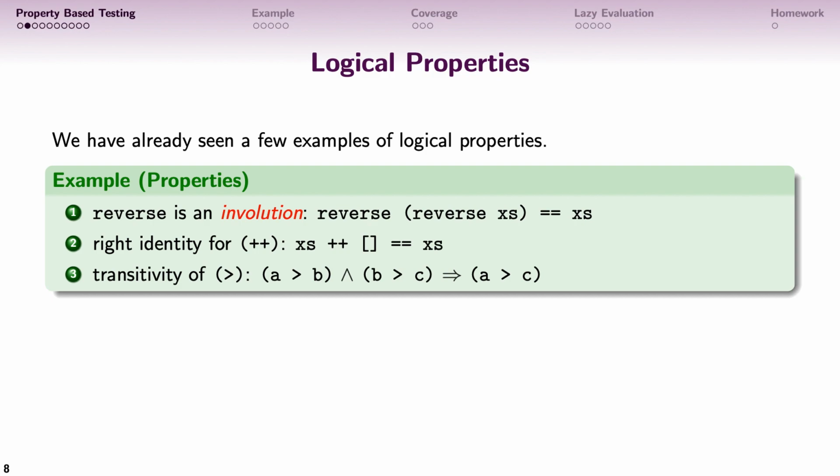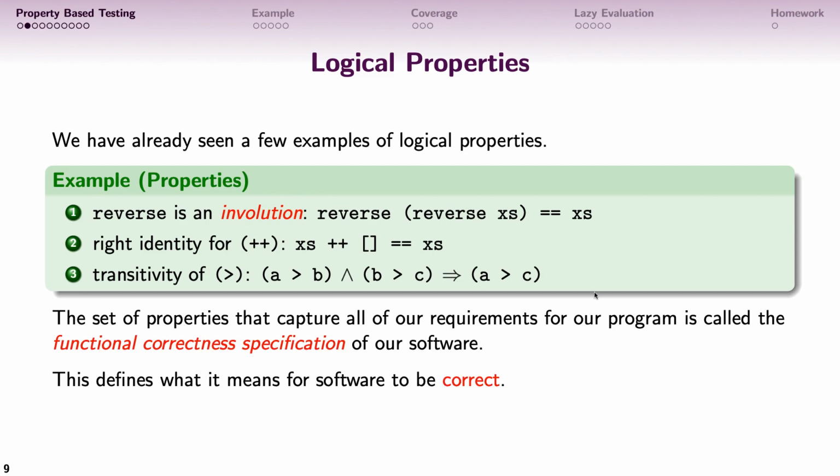If I can come up with a set of properties that specify every requirement of my program, including the things that I don't want it to do, as well as the things I do want it to do, then that would guarantee any program that implements that spec will be satisfactory for my requirements. And so that set of properties is called the functional correctness specification. It's just the definition of correctness for a piece of software.